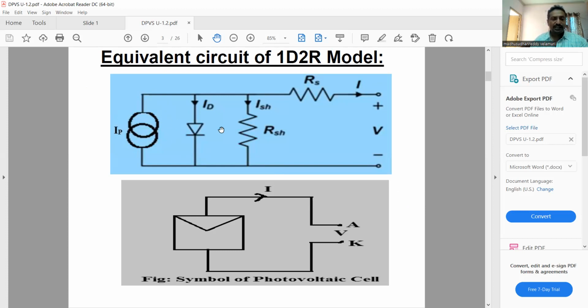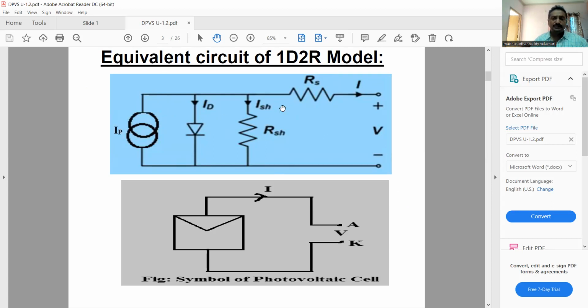When you connect this photo effect to the diode, the photo current will be produced, and that current will be distributed. This resistance is connected in parallel with the diode because it's a practical source, and every practical source should contain internal resistance.